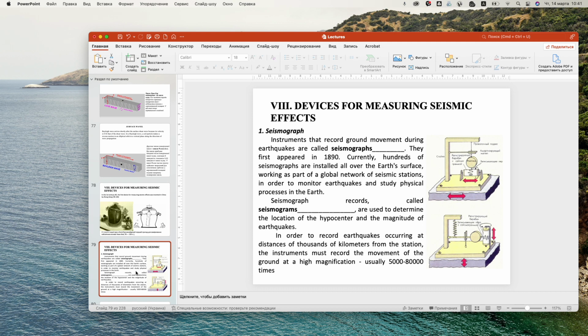And this record will help us to define a few very important data, or two very important parameters of the earthquake impact. So the first of them is the effect of 1 second.